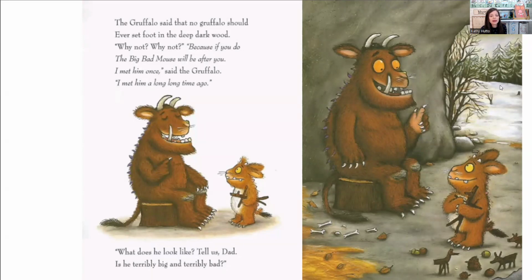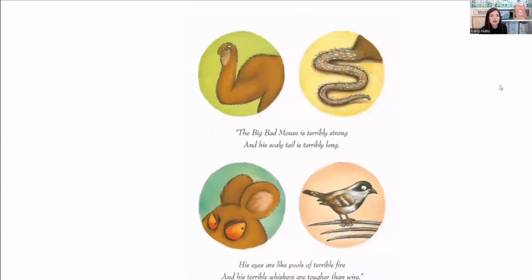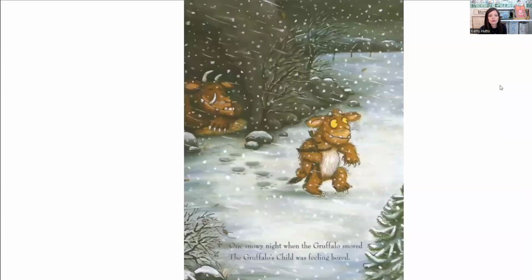Is he terribly big and terribly bad? I can't quite remember, the Gruffalo said. Then he thought for a minute and scratched his head. The big bad mouse is terribly strong, and his scaly tail is terribly long. His eyes are like pools of terrible fire, and his terrible whiskers are tougher than wire.